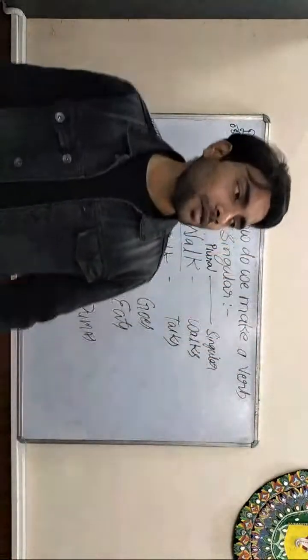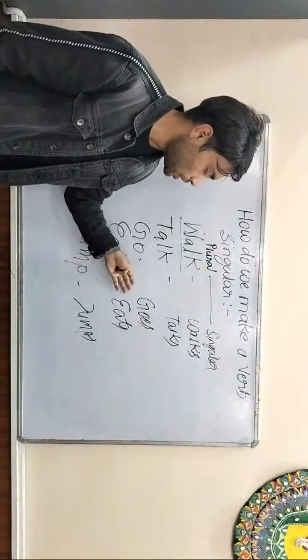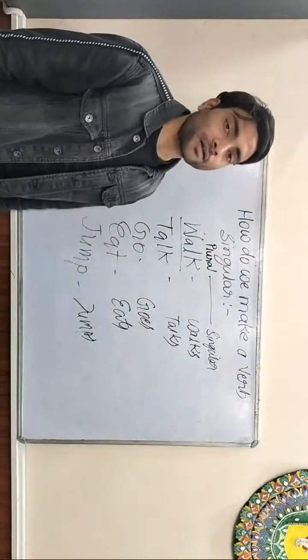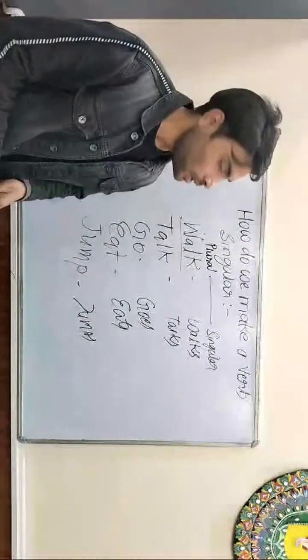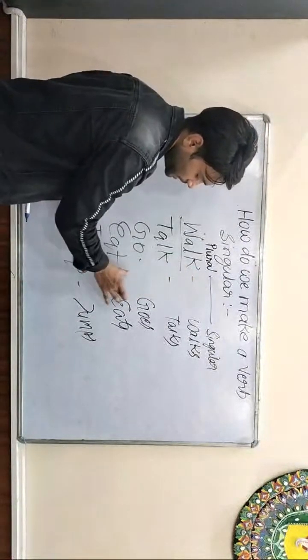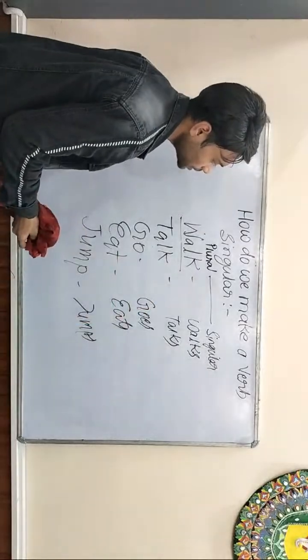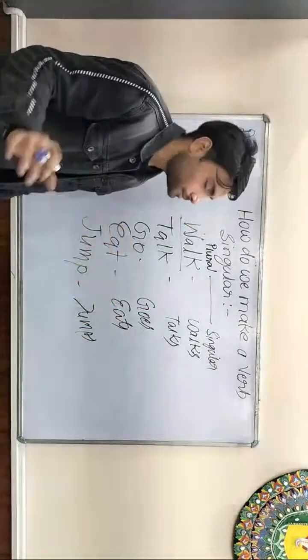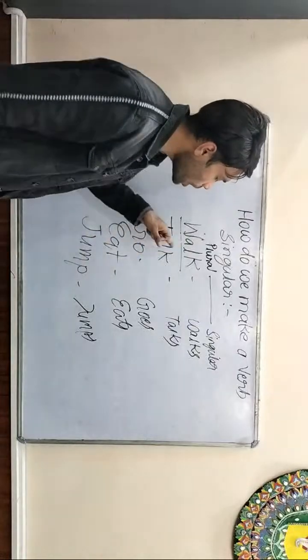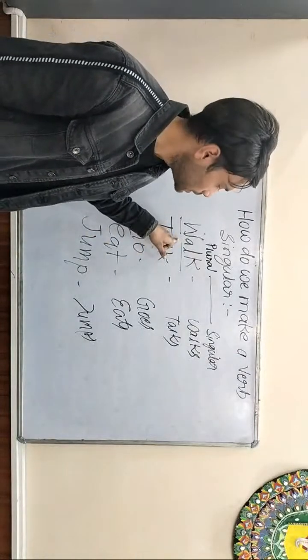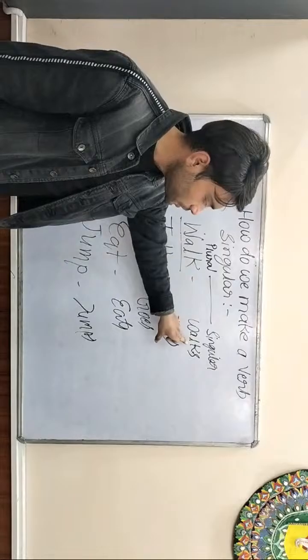Understood? That is something very basic. In order to have a thorough understanding of simple present tense, you must know these basics. Why? I am going to talk, right. So walk is the verb here. It's a plural verb. It becomes singular here.